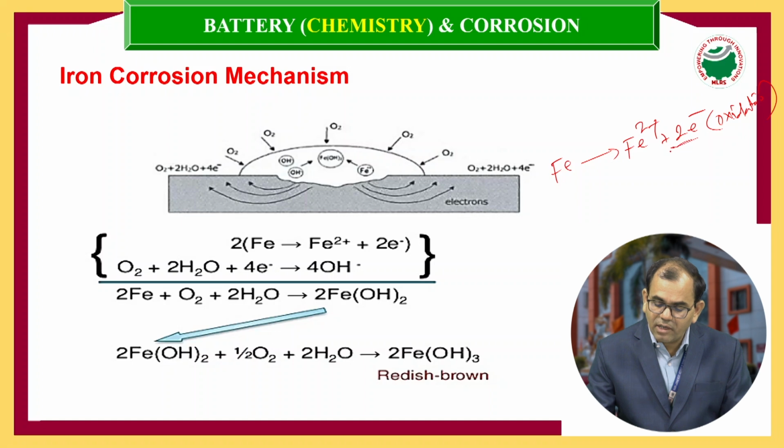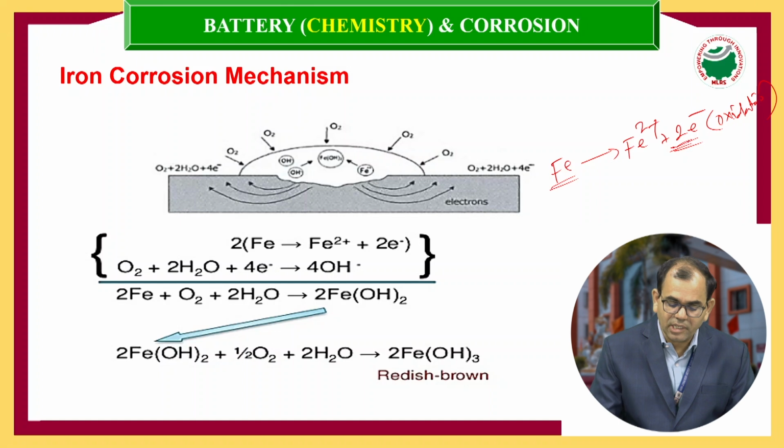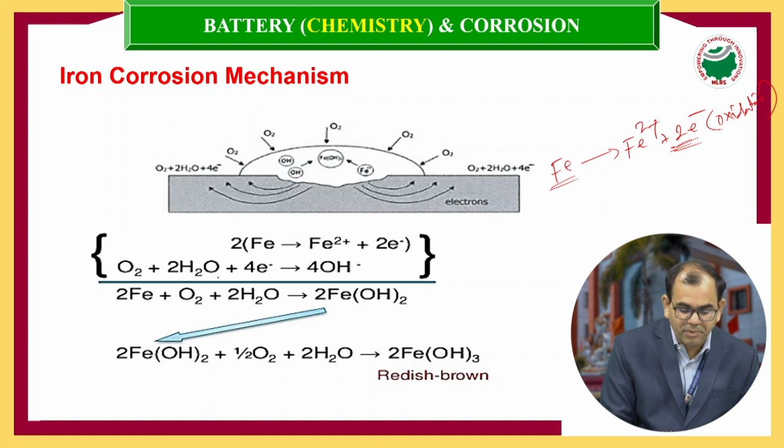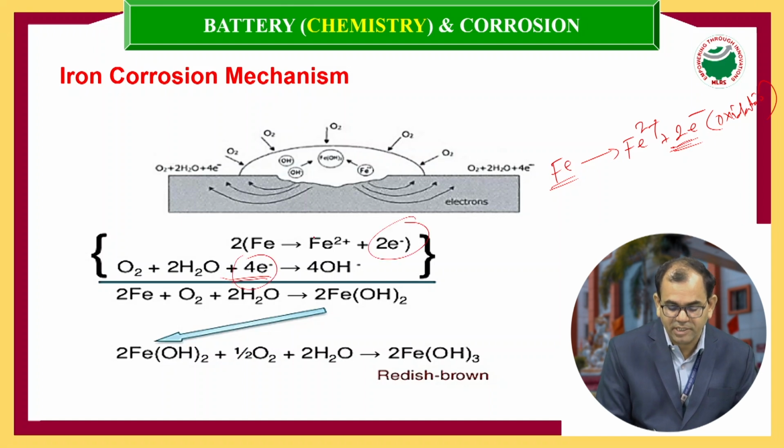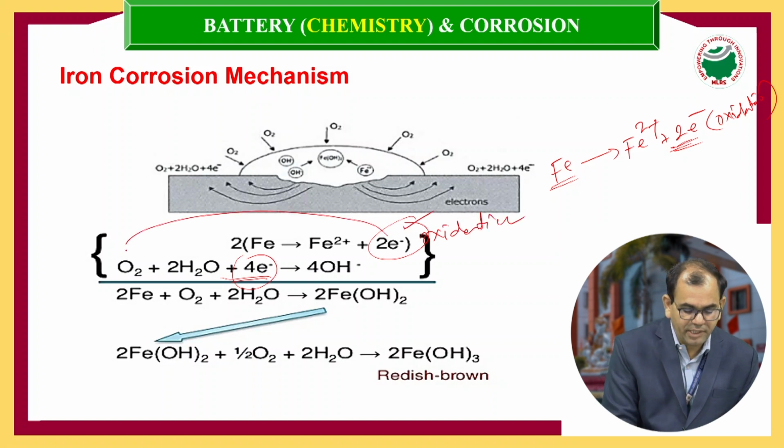Whatever electrons are ejected or lost by this iron will be gained at the cathode part, that is nothing but reduction. Here we see whatever electrons are generated in the oxidation, this electron is taken by the reduction reaction.